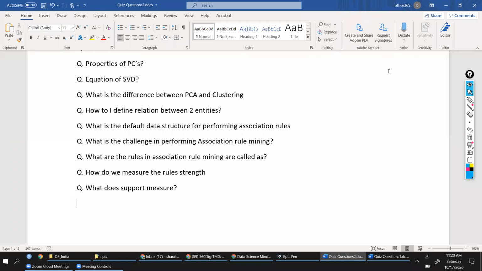The formula is the number of times the if part and then part appear together divided by total transactions.